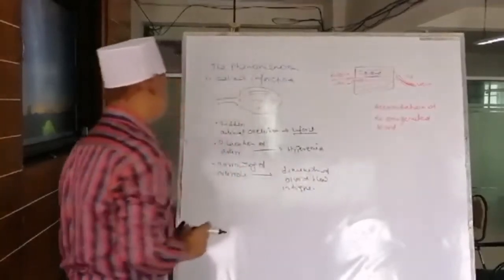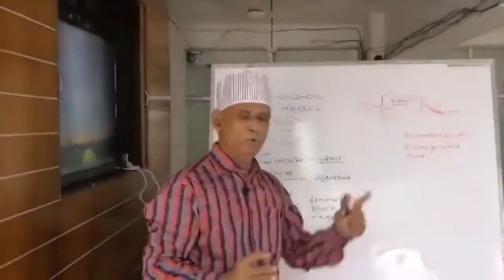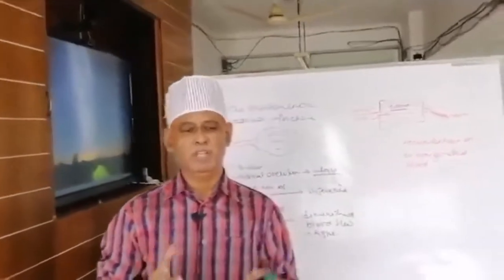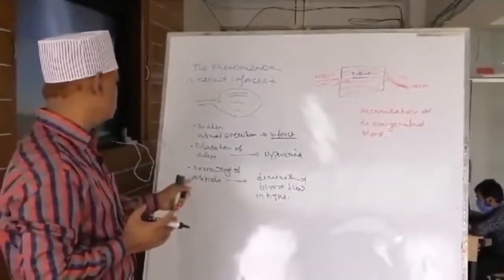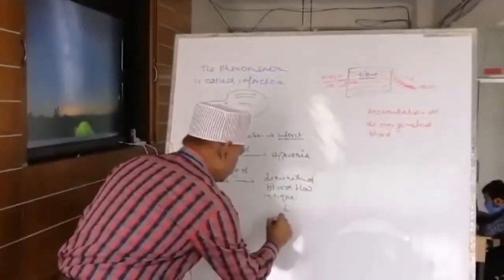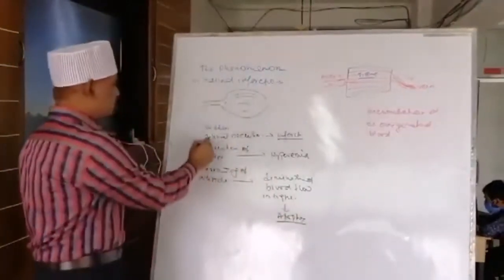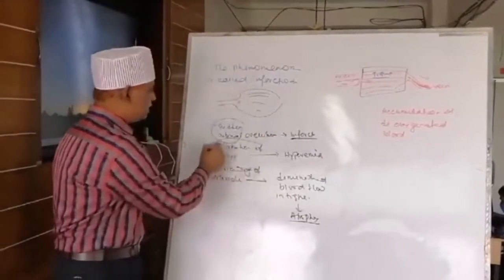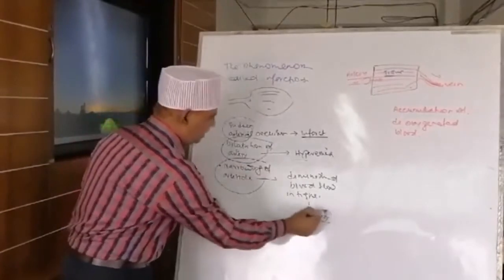Dear audience, narrowing of arteriole leads to diminished blood flow in the tissue, and you know one of the causes of atrophy is diminished flow of blood in tissue. So, if there is diminished flow of blood in tissue following narrowing of arteriole, there will be atrophy of the tissue. Again, arterial occlusion leads to infarct, dilatation of arteriole leads to hyperemia, and narrowing of arteriole leads to atrophy.